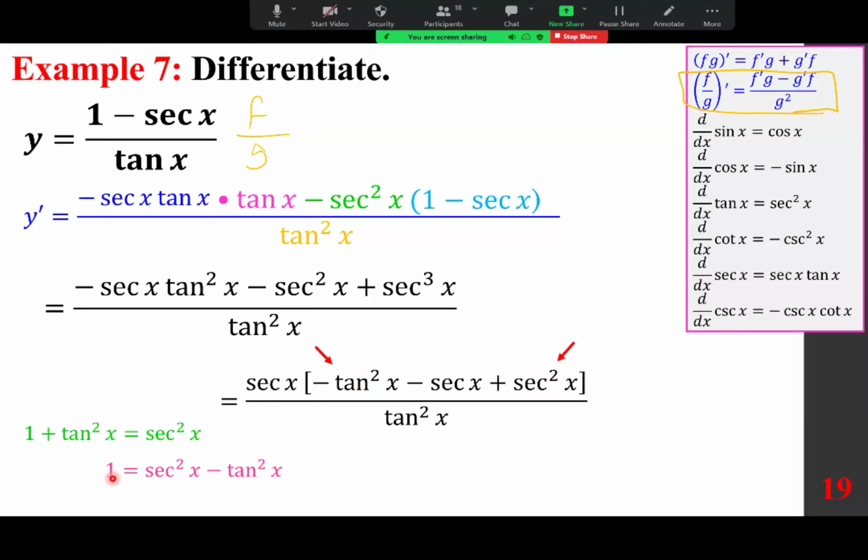The two of them add up to 1. The two of them will be replaced by 1. And we are going to say y prime is secant x times 1 minus secant x over tan squared x as the final answer.